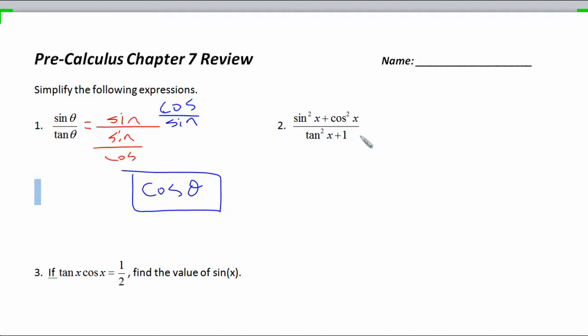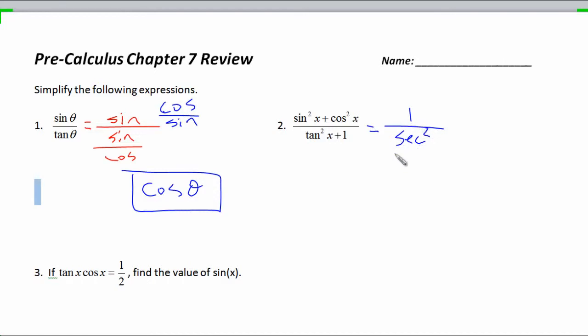And let's look at the next example here. I have sine squared x plus cosine squared x all over tangent squared x plus 1. Well, I know that this is my Pythagorean identity, a squared plus b squared ultimately, so this equals 1 in the numerator. And then the bottom, if you look at your cheat sheet or in your notes from section 7-2, I believe tangent squared x plus 1 is actually secant squared.